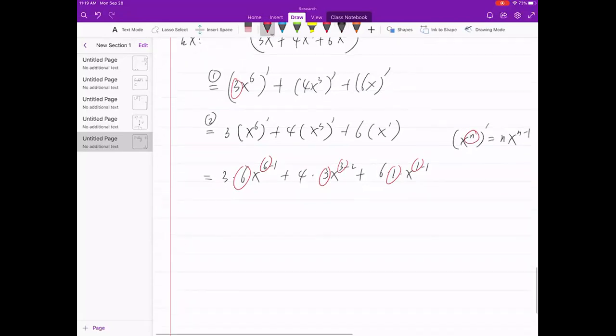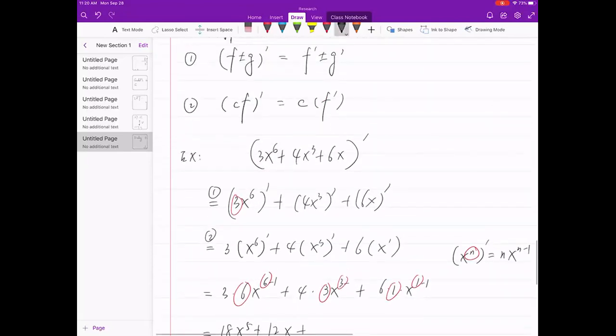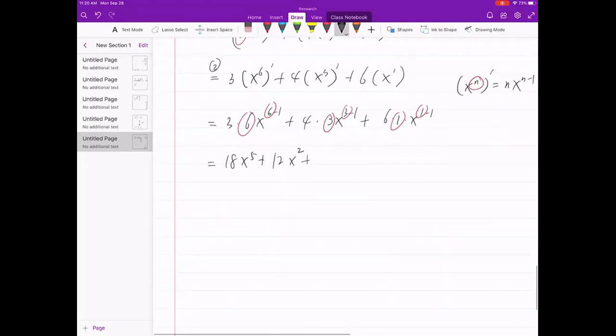Just in case. Finally, finish. Something's wrong. Oh, here, it's a 1. Okay, plus 6 times x to the 0 is nothing but just a constant. So this is what we got.